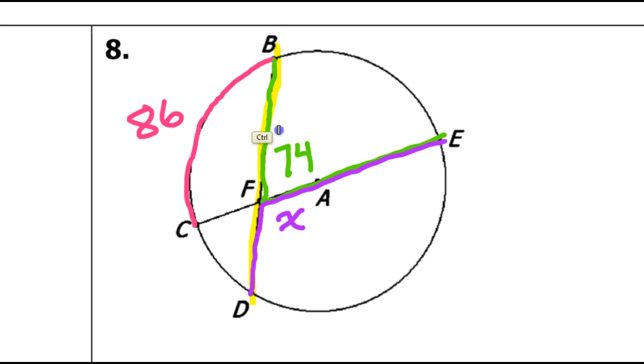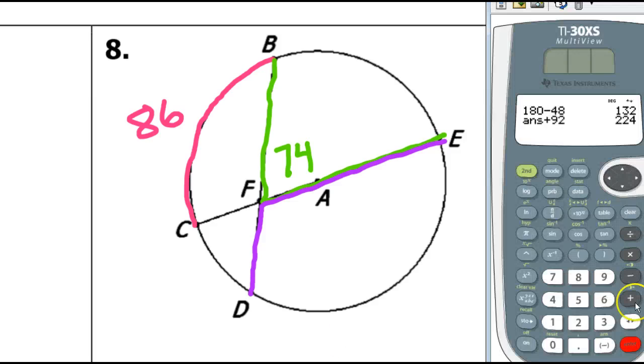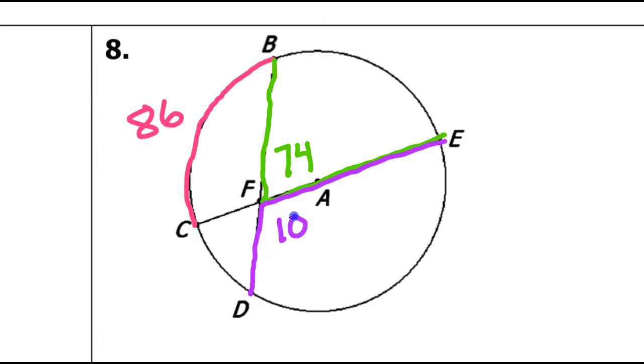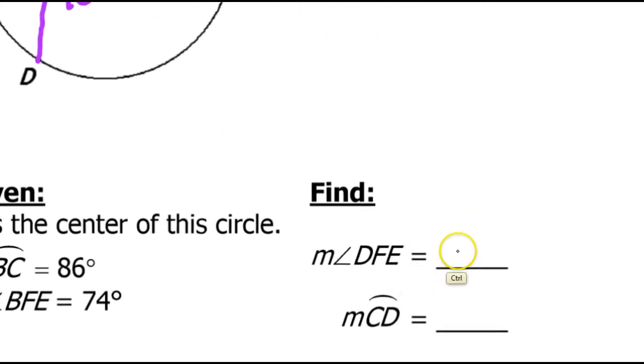So these have to add up to 180. So I should be able to simply subtract from 180. Subtract 74 from 180. So that's going to be 106. Okay, so that's the first thing they asked us to find.